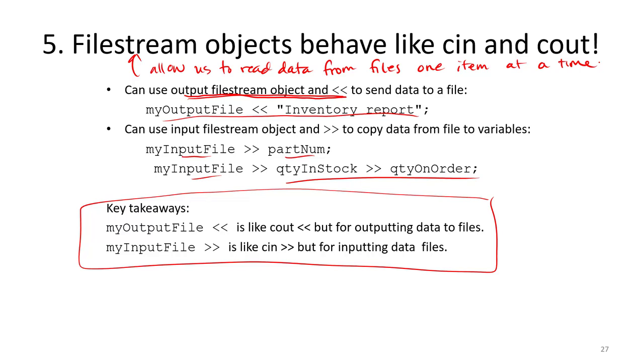We can read each item individually from that file. And the same rules apply. With cin, we read until we see white space. With cout, we can use escape sequences in order to format our outputs. Input and output file stream objects work the same way.